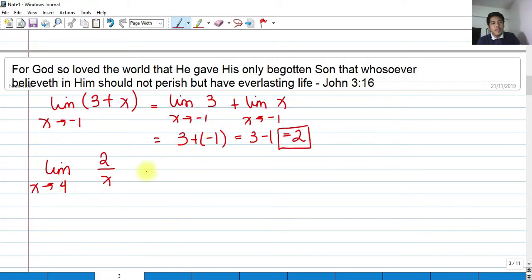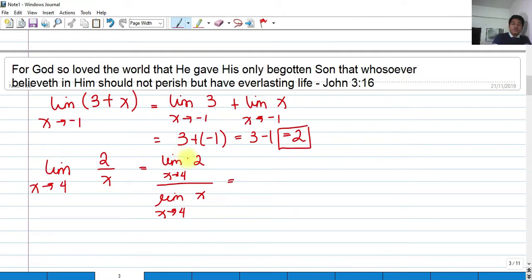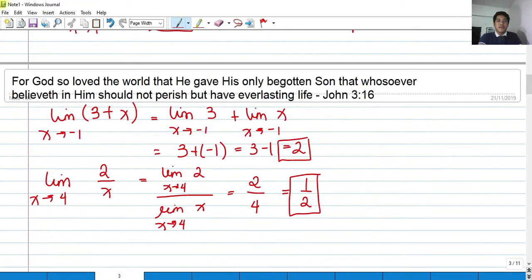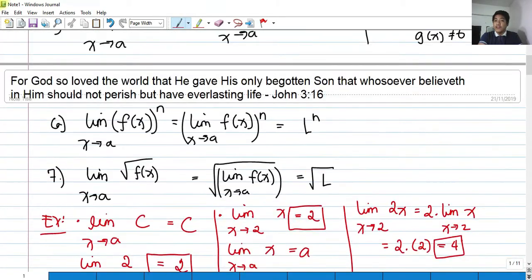We can distribute the limit of 2 as x approaches 4 over the limit of x as x approaches 4. From our property, the limit of a constant is the constant itself. The limit of 2 as x approaches 4 is simply equal to 2, because this is a constant. And for the limit of x as x approaches 4, we simply substitute the value of 4 for x. So we have 2/4, or in other words, 1/2. So we should avoid the denominator getting 0.